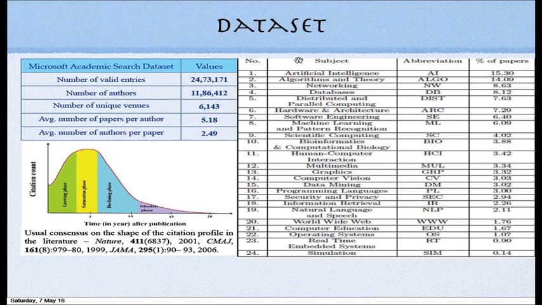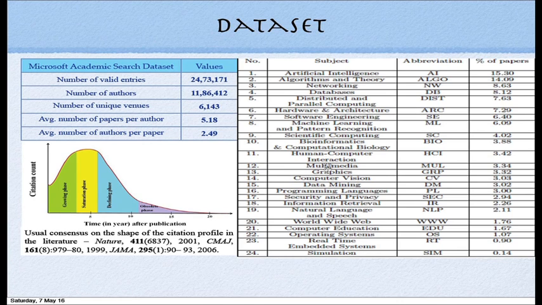Further, this data is also segregated into fields. Along with each paper you also know which field that scientific article belongs to. For instance, the 24 fields considered in this dataset are: artificial intelligence, algorithms and theory, networking, databases, distributed and parallel computing, and so on and so forth.